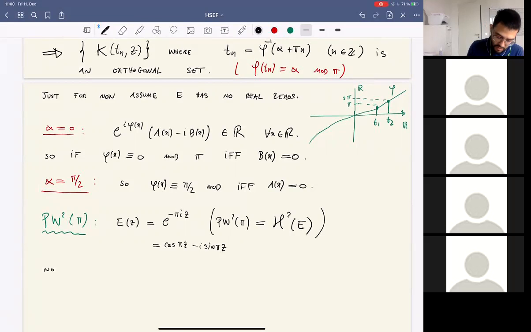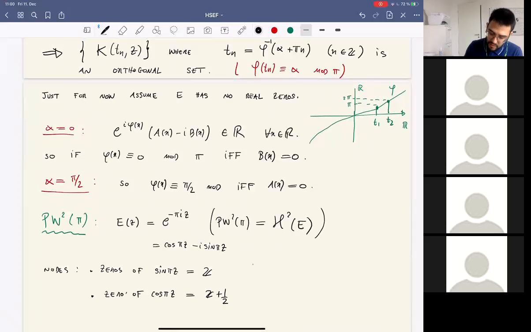So as nodes, we would have the zeros of the sine function, sine pi z, which would be the integers, or we would have the zeros of cosine pi z, and that would be the integers plus a half.